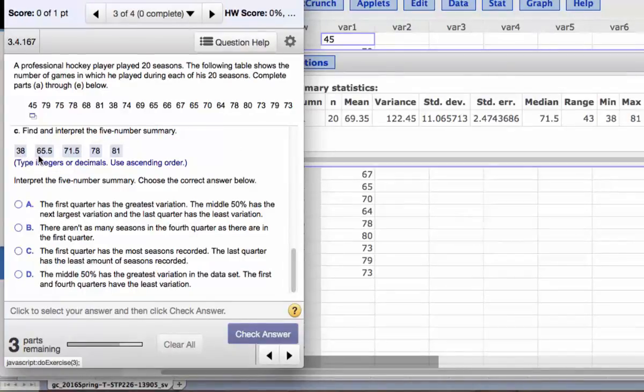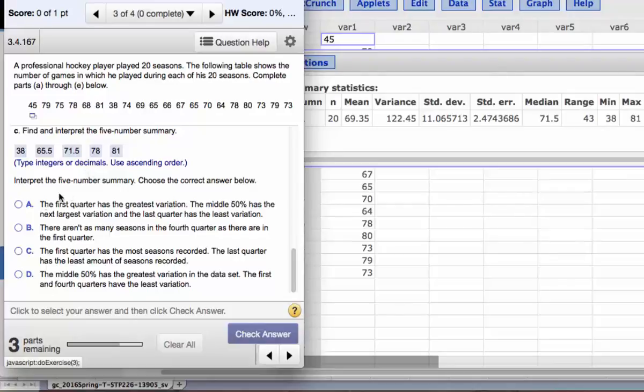There's almost 30 variation there. What was the IQR? 12.5? Yep. And then this is 13. So the last quarter has the least variation. I think that's wrong because 13 is greater than the IQR. See that? 81 minus 78 is 3. Oh, right. Good point. I'm not very good at math sometimes.